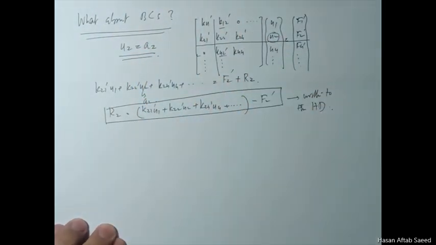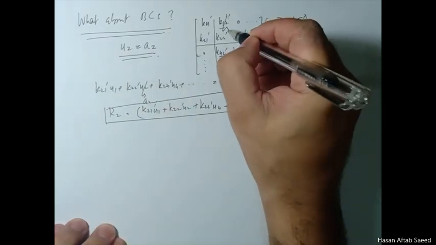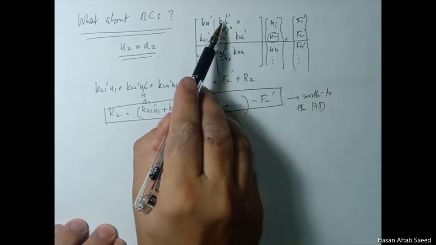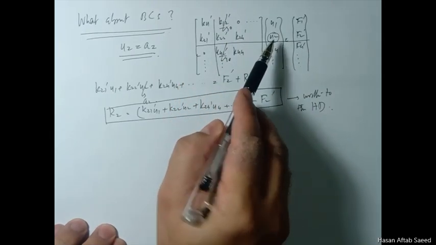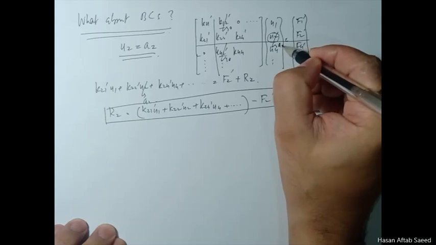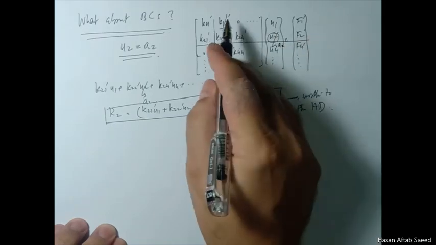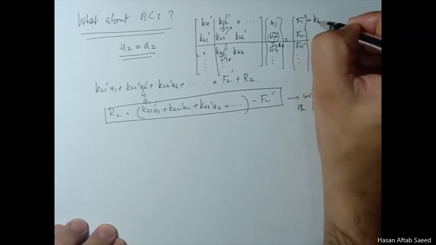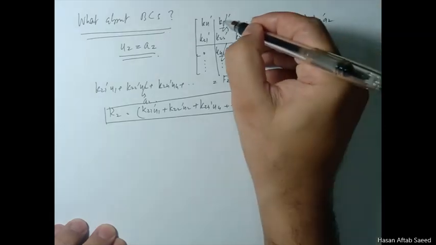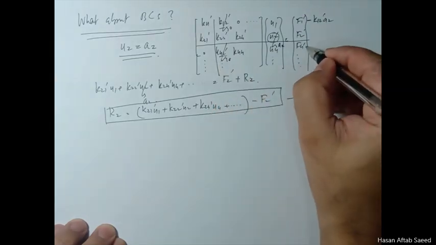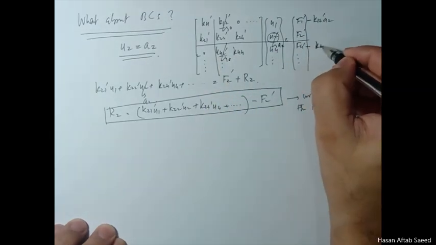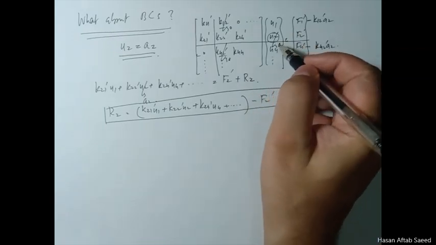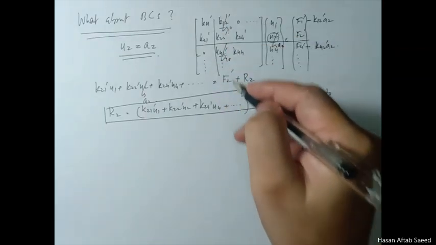So all we need to do to make these 0 is simply take the product of k12 prime and u2, which is actually here a2, and take it to the other side, change the sign. This becomes 0. This one will become 0 by again, because this value is known, we don't need row operations to make this 0.